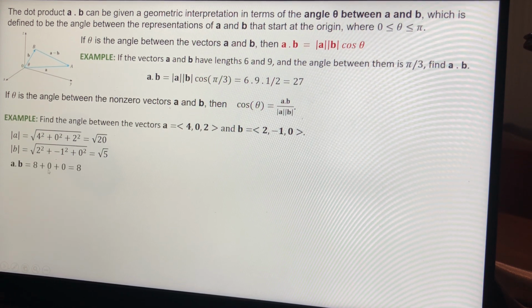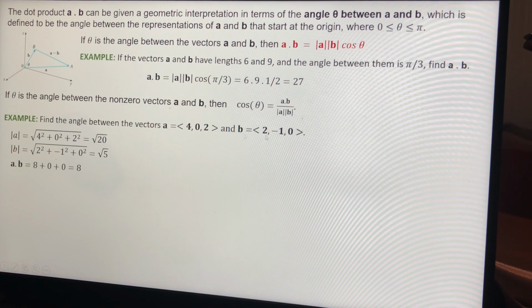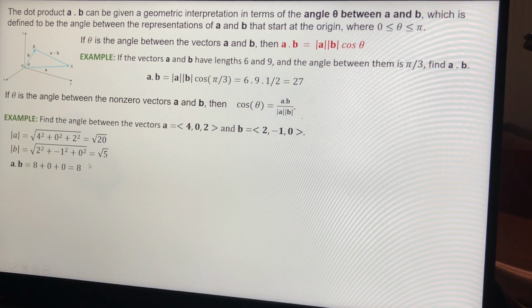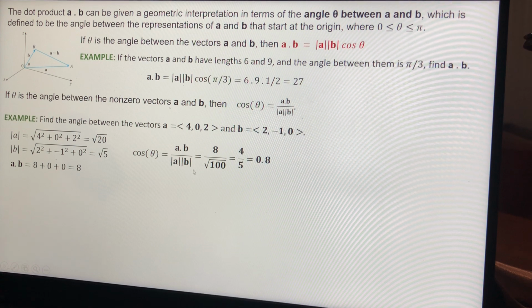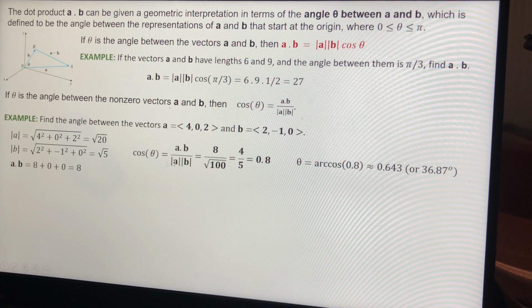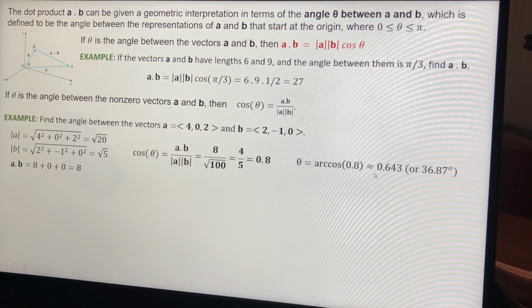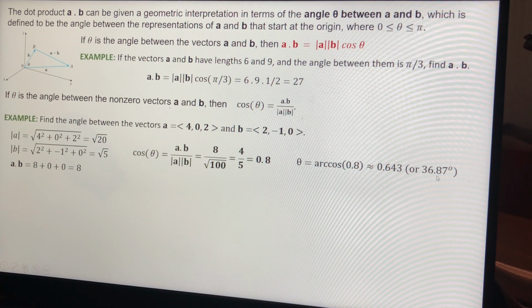The dot product is 4 times 2, 0 times minus 1, 2 times 0, which is 8. Then cosine of the angle is 8 over square root of 100, which is 4 over 5, which is 0.8. If you take the arc cosine of each side, you will see that the angle is about 36.87 degrees.